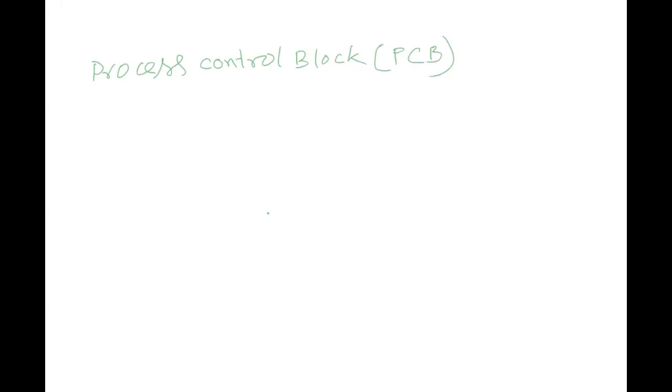Before we start the process control block, let's talk about two concepts: active entity and passive entity. When you create a process, let's say in your disk there are several programs or software.